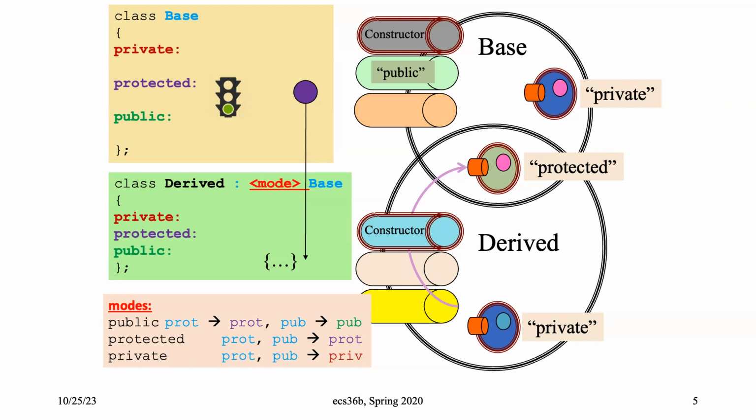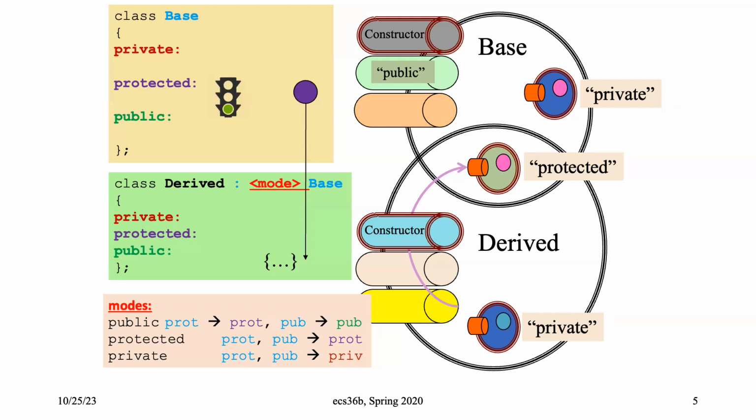Which means that if you have a member function of the base class that was public, but now you inherit with the mode protected, then for the derived class, that public method is no longer available to any object or any code outside.